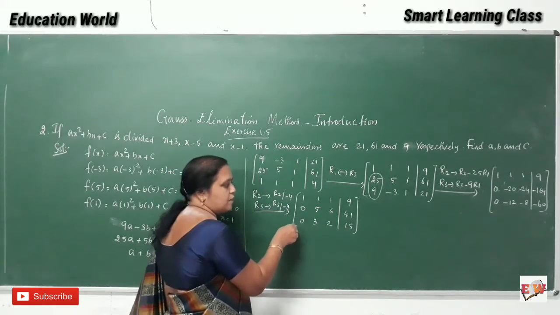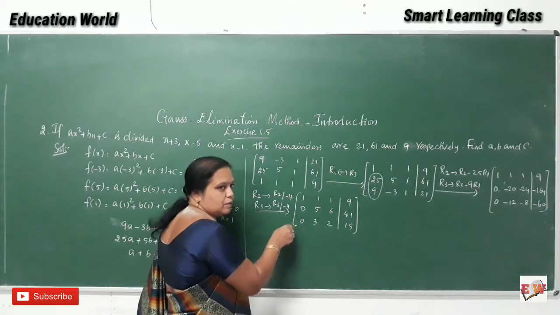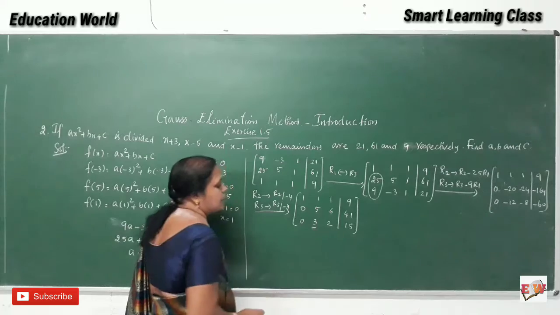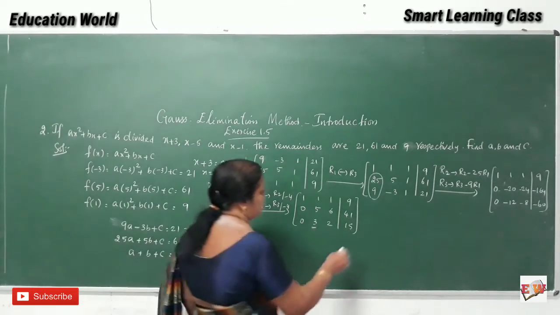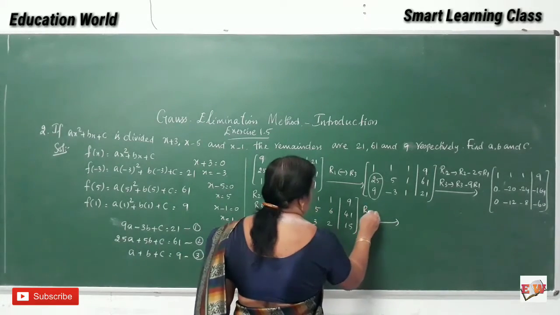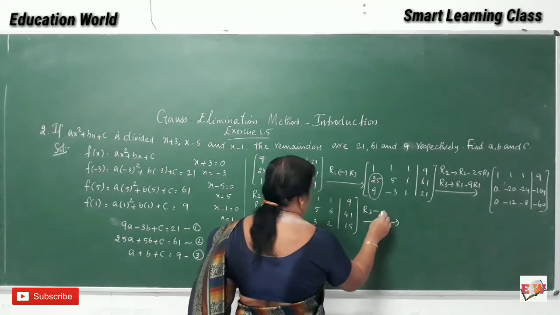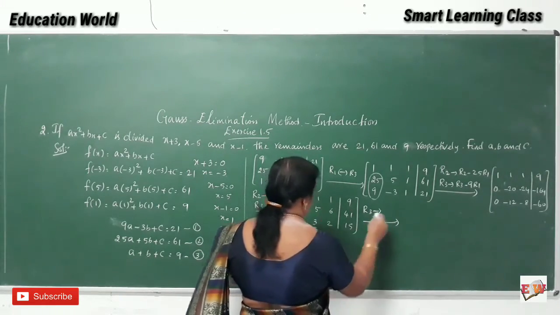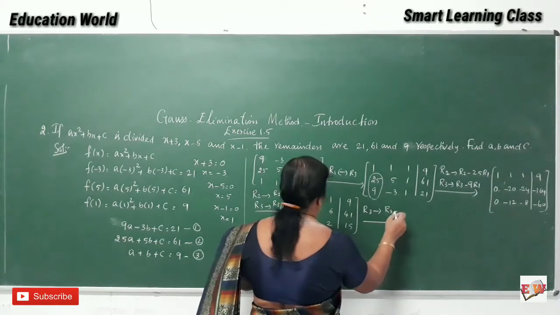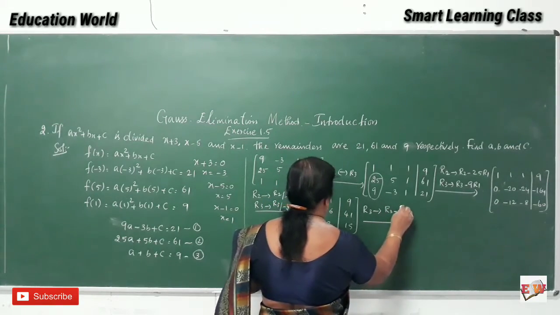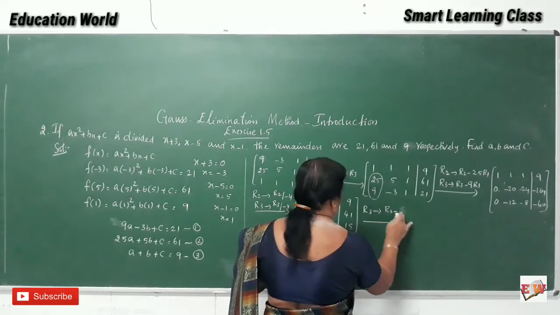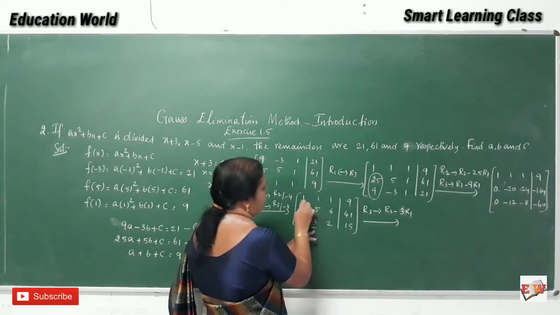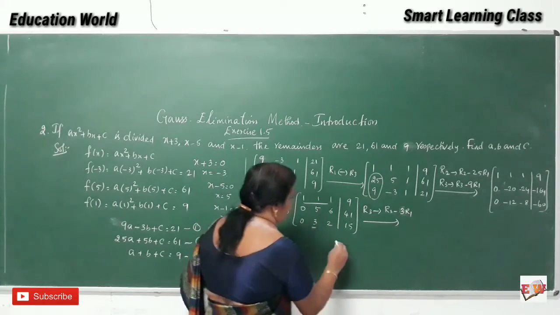This augmented matrix we are going to transform into row echelon form. For that, this term should be 0. Now what I am going to do, R3 minus 3R1? Why? Because in this R1 we have small numbers.